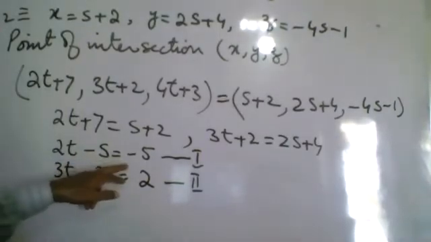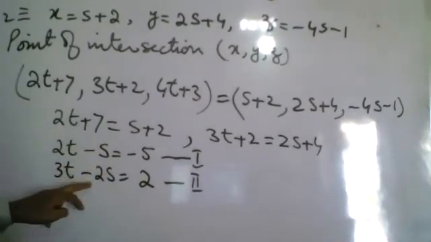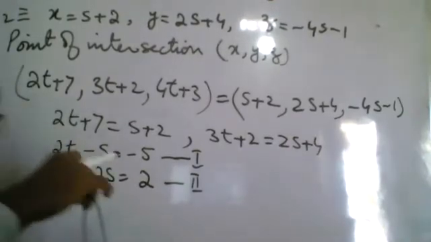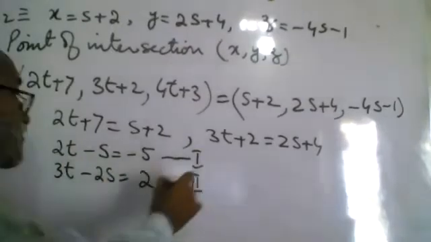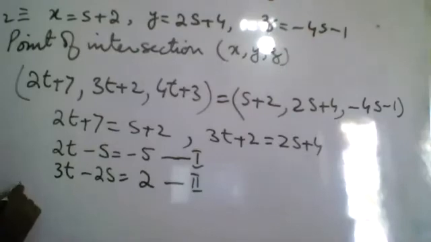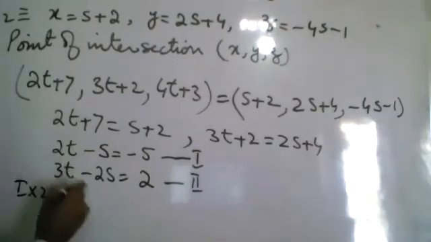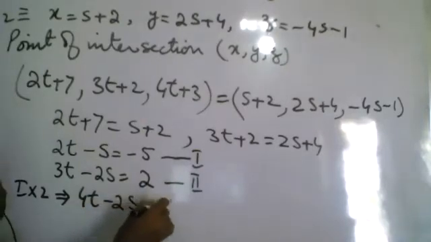So this is equation 1. If I multiply by 2 and then subtract, T will be eliminated. First equation multiplied by 2 becomes 4t minus 2s is equal to minus 10.